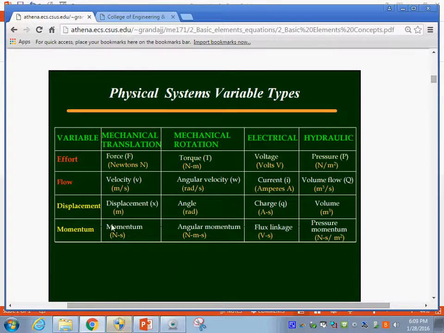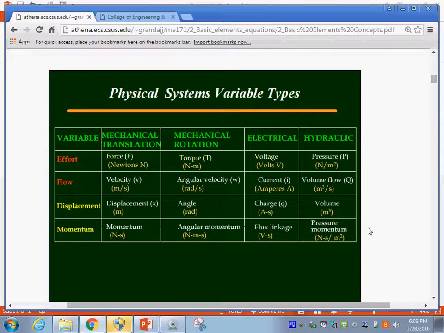Now you see, this is a clearer representation of the kinds of variables. All the efforts are listed here with the units. All the flows are listed here with the corresponding units. All of the displacements are here with units. All the momentums are here.